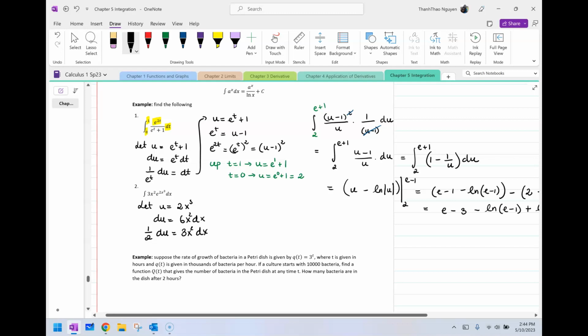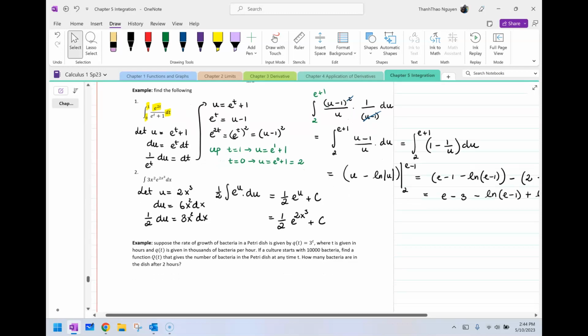We can then rewrite our integral as 1/2 e to the u times du. So that is 1/2 e to the u plus c. And this is 1/2 e to the 2 times x to the third plus c, where c is a constant.